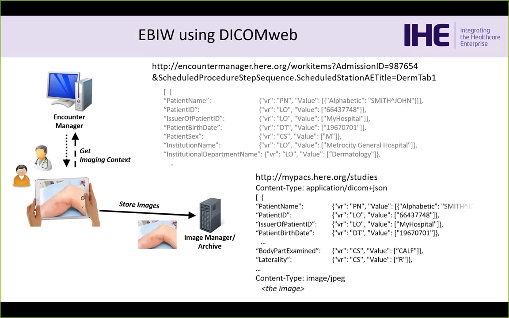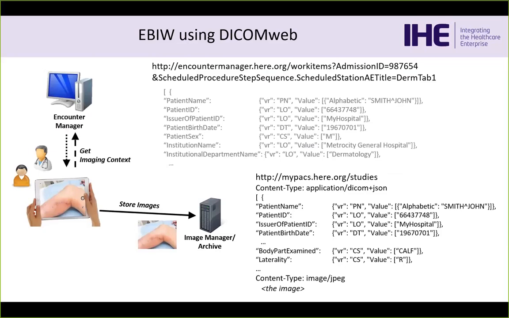When it then goes and takes its JPEG image, you can see at the bottom on the right, it's stuffing that JPEG into another HTTP call. In this case, the HTTP is going to the PAC system. It's being flagged that this is DICOM plus JSON structure. So they've essentially copy-pasted the metadata from the incoming JSON bundle into the outgoing.